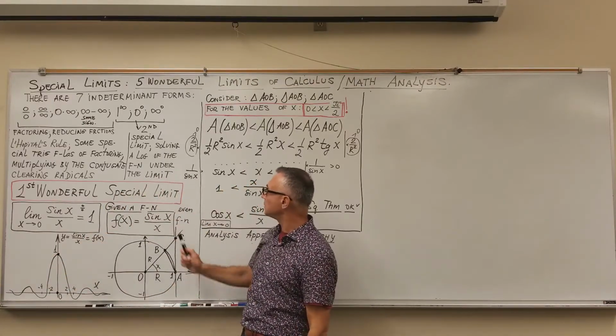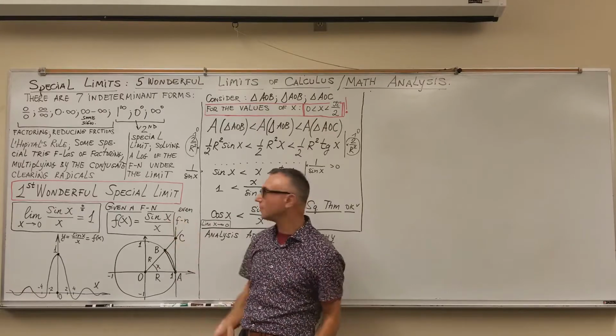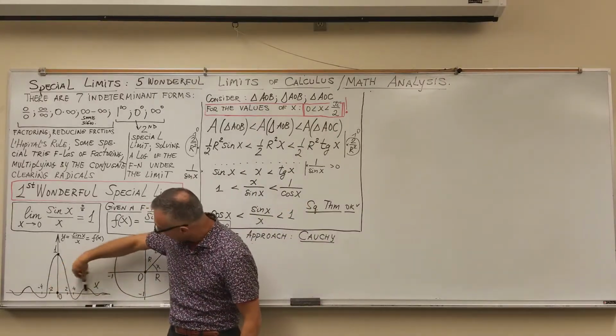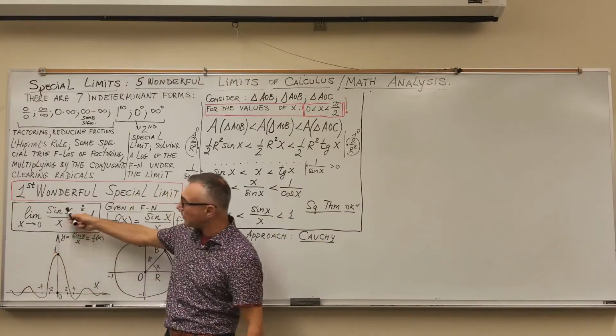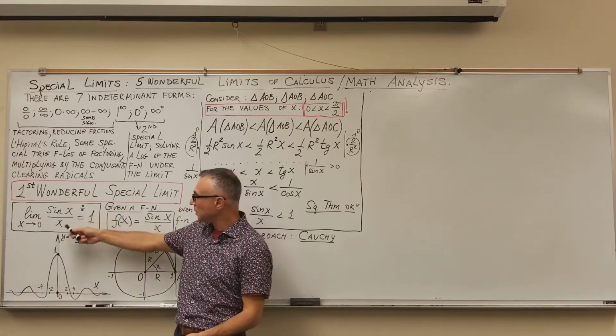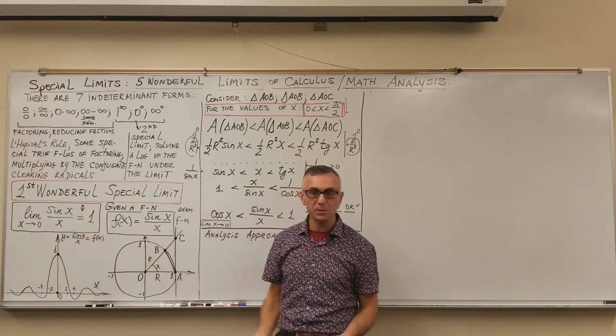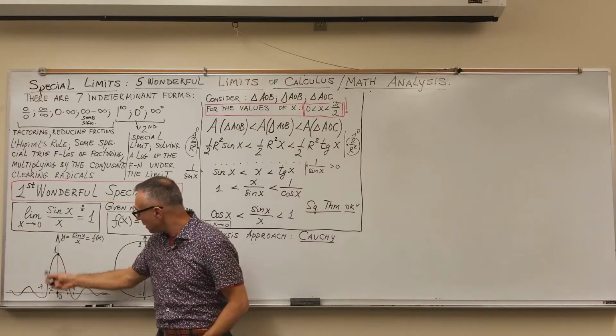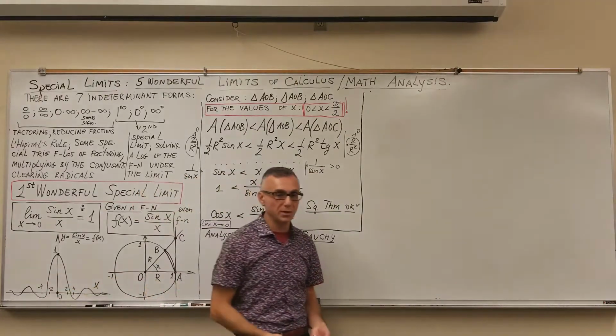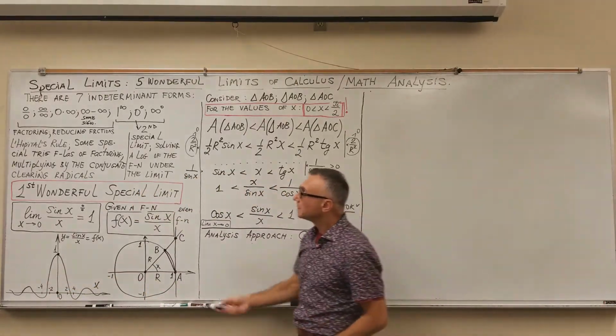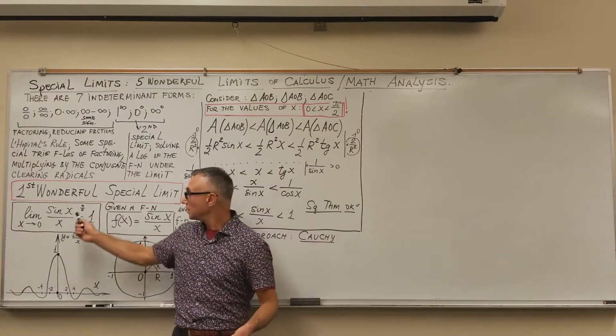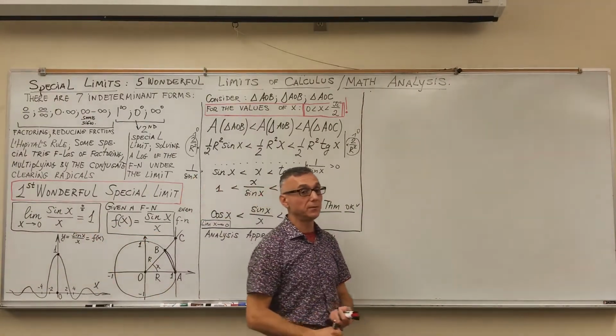It's an even function, odd over odd. If you look at any points here, there will be no problem. Sine x over x, non-zero value by non-zero value, you'll be able to calculate. The problem is at the origin, sine 0 over 0. Sine 0 is 0, so we have 0 over 0, an indeterminate form.